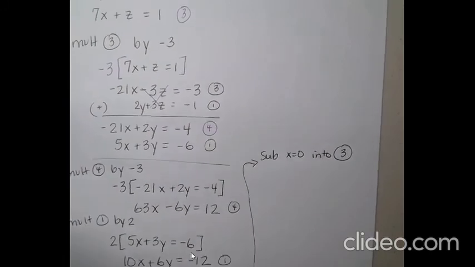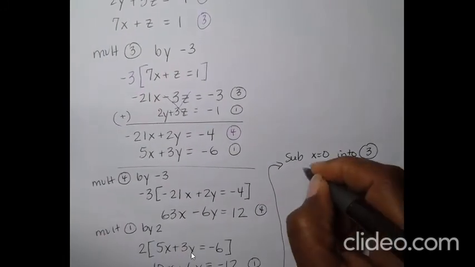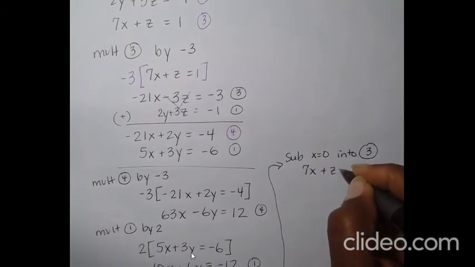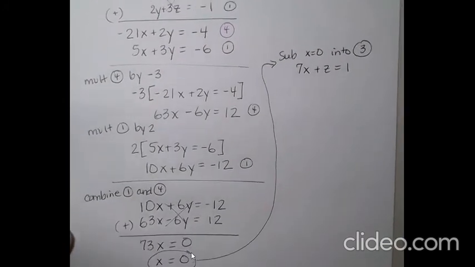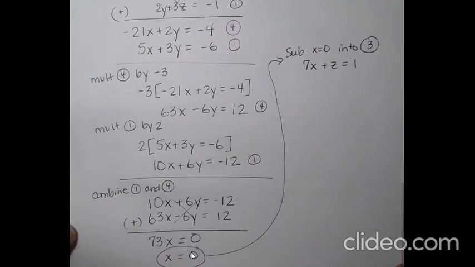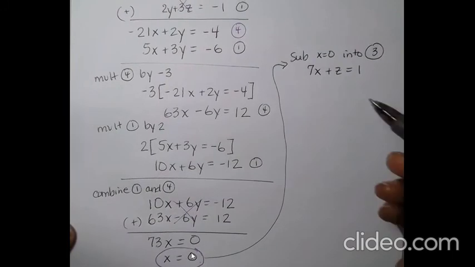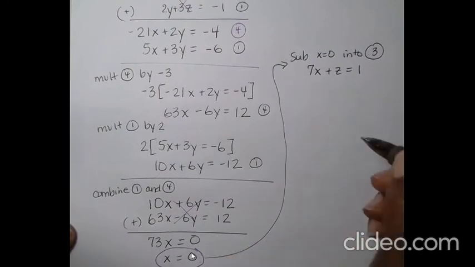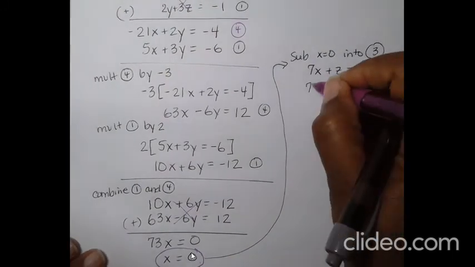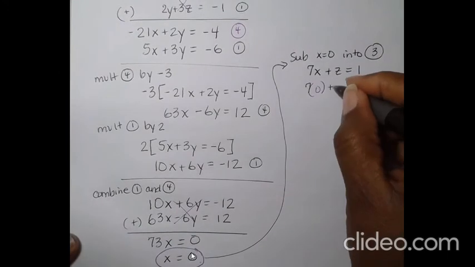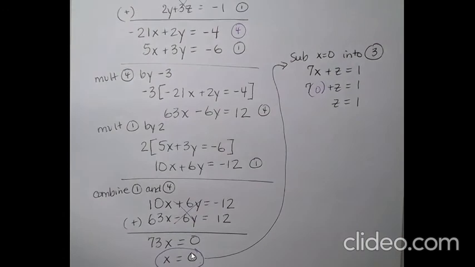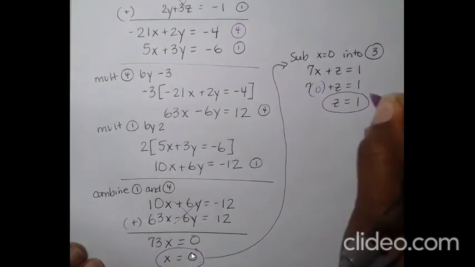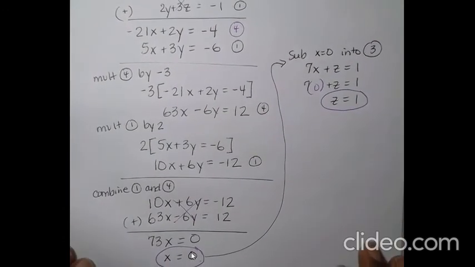I like that idea. Equation 3 is 7x plus z equals 1. Why is that a good one to choose? Well, it's a good one to choose because now you're going to be left with z equals. Z doesn't have a coefficient. When you put 0 in for the x, you're going to be left with just z. So z equals 1.